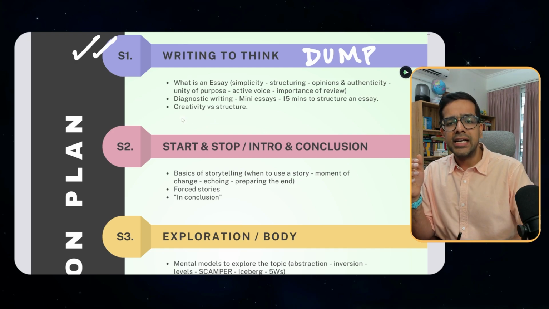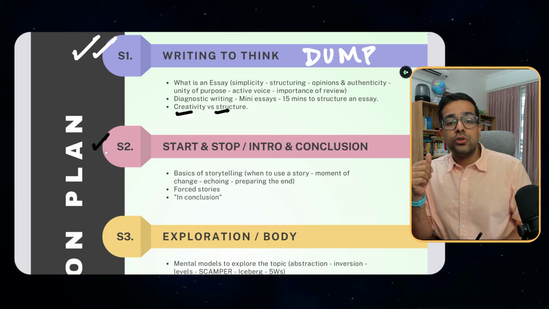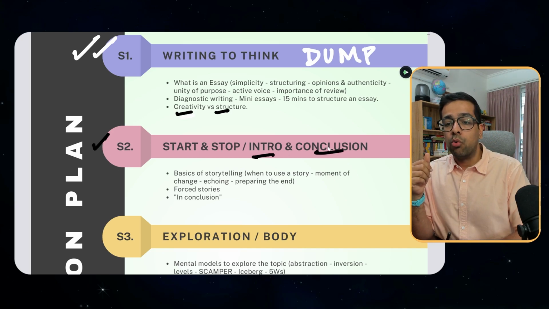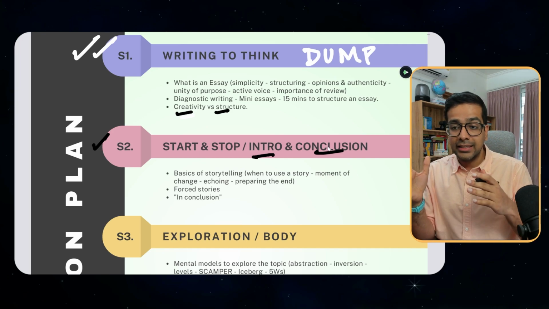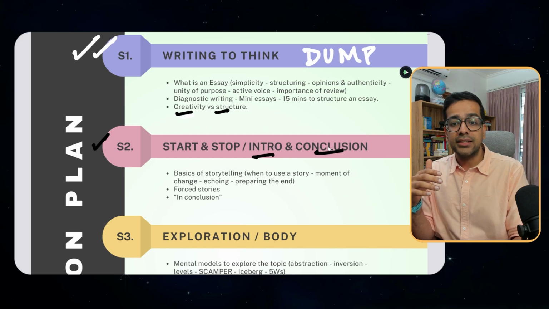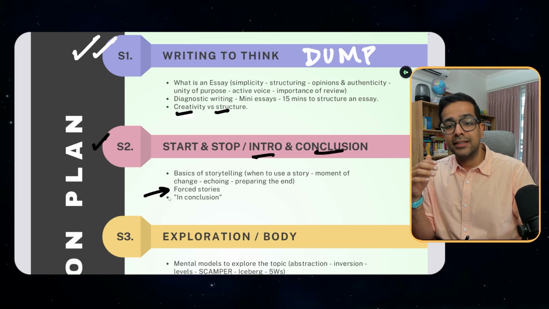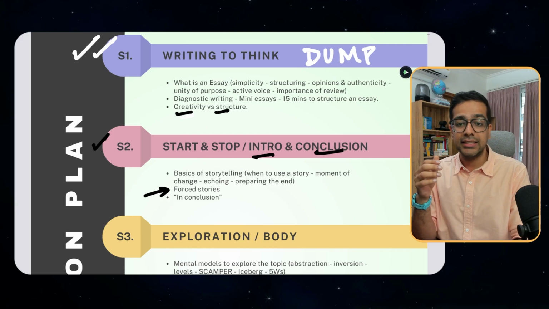We will talk about creativity and structure and how you can integrate both of them into your essays. Then we will also look at intro and conclusion. What are the things that make for a great intro? What are the things that can tie up a conclusion very well with your intro? And all of these things, for stories, कब stories को इस्तेमाल करना है, कब नहीं करना है, all of these things we'll be covering in the second session.